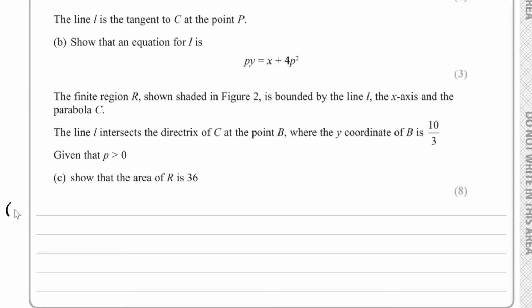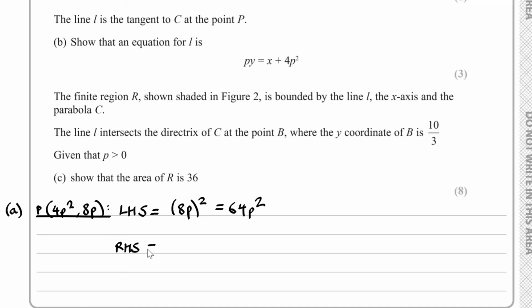So for part A, if we consider this point P with coordinates 4p squared and 8p, and substitute this into that equation, on the left hand side we have y squared, so we have 8p squared, which is 64p squared, and on the right hand side we have 16 lots of x, so 16 lots of 4p squared, which is 64p squared.